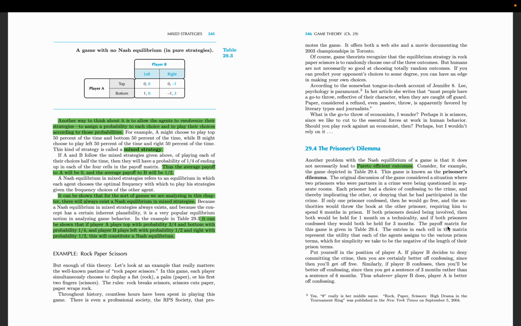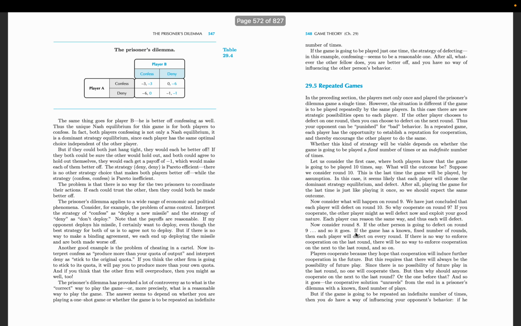The payoff matrix for the game is given in table 29.4. The entries in each cell of the matrix represent the utility that each of the agents assigns to the various prison terms, which for simplicity we take to be the negative of the length of their prison terms. Let's have a look here. Like we read, if one of them confesses and the other denies, the one who confesses goes free and the other has to spend 6 months in jail, denoted as the negative of that number for simplicity.